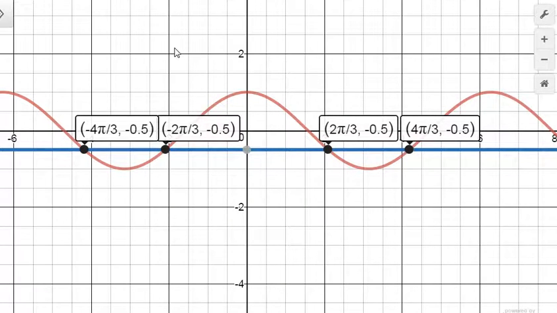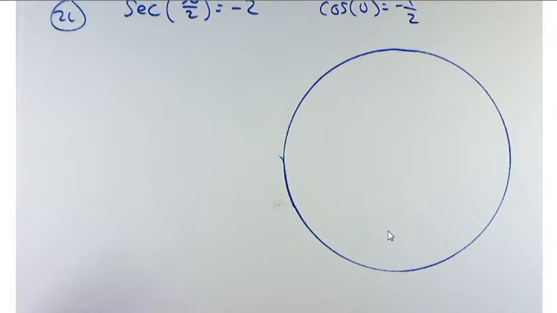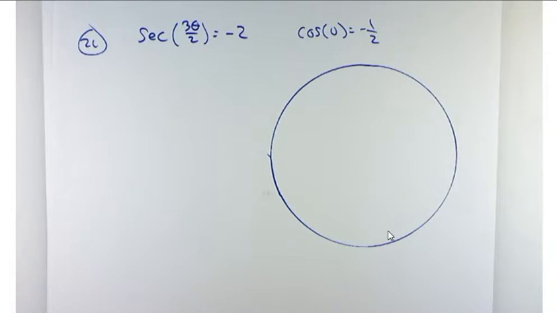So when you're working with a cosine, cosine is which coordinate on the unit circle? Cosine is the x coordinate. All right, so we want to know where the x coordinate on the unit circle is negative 1/2. So let's draw that and take a look at what that looks like. Here's a unit circle. Let's add a little bit to that.